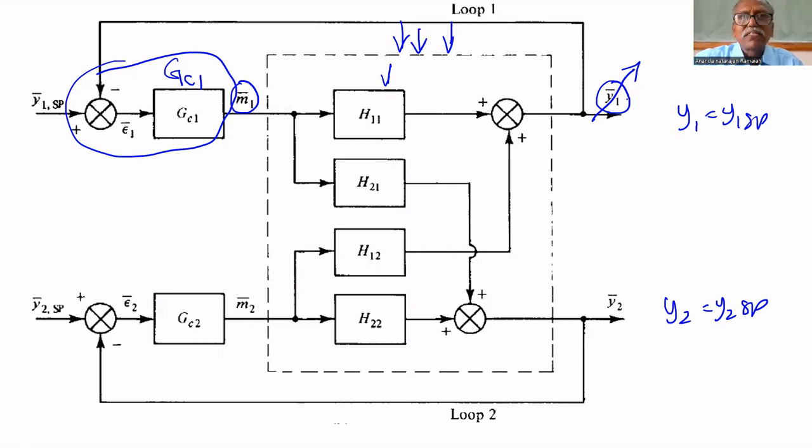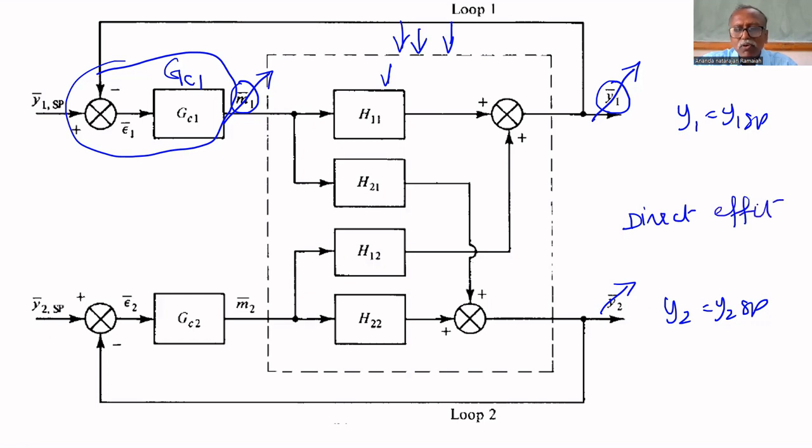That's why Y1 deviates. Therefore, M1 will be manipulated to stabilize Y1. As M1 is manipulated, Y2 also will be deviated. As Y2 is deviated, this is called the direct effect of M1.